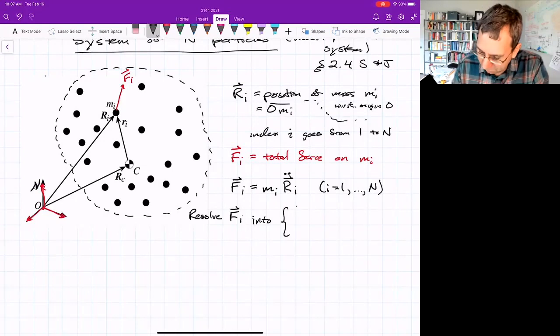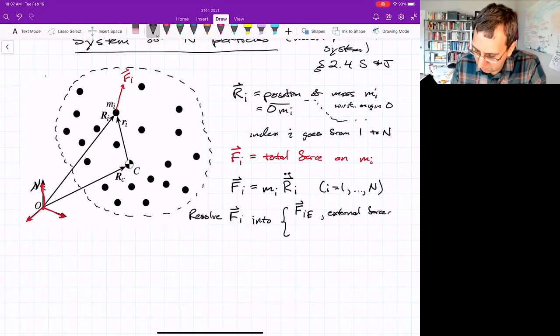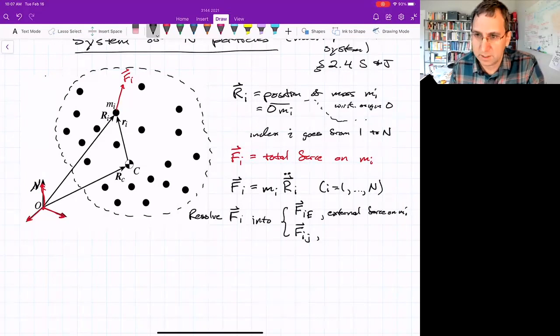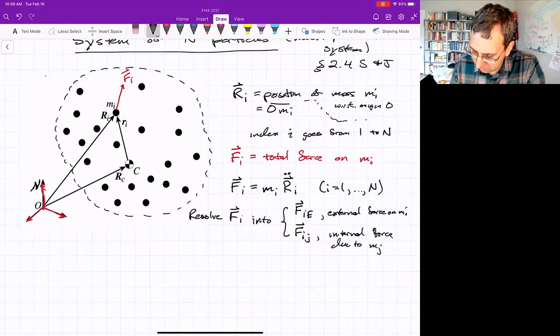There are external forces. So I'll write those as Fie. This is the external force on mi. And then there's Fij. This is the internal force due to particle m sub j.